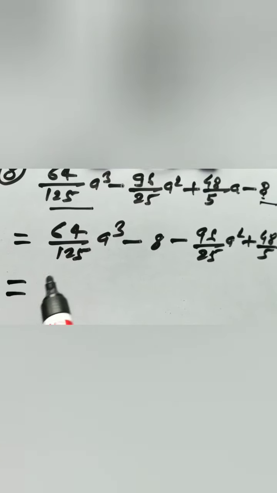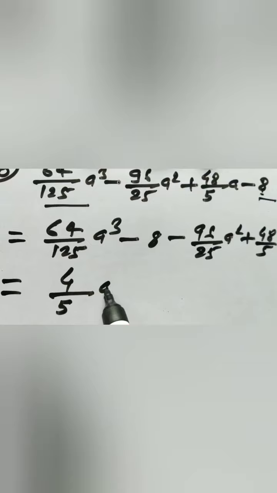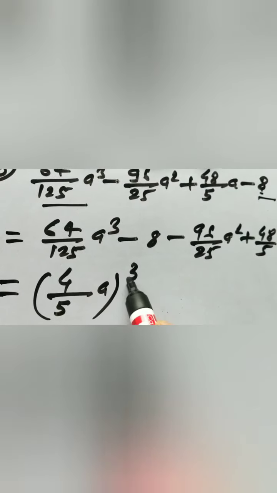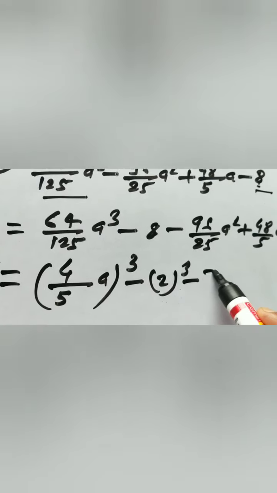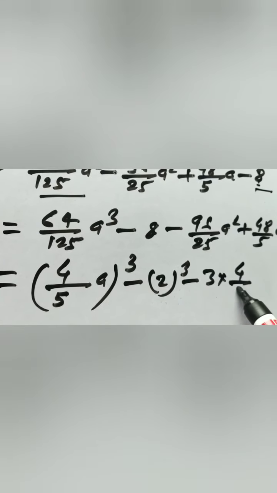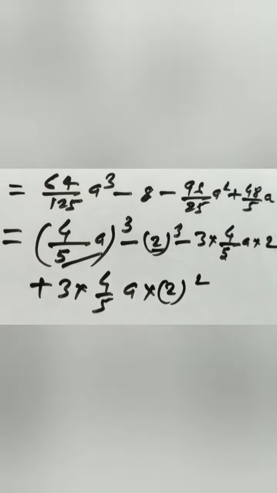Then this will be equal to 4 upon 5a the whole cube, and this will be equal to 2 the whole cube, minus 3a. In place of a now you have 4 by 5a, and in place of b you have 2, and plus 3a, that is 4 upon 5a, into b square, that is 2 the whole square.